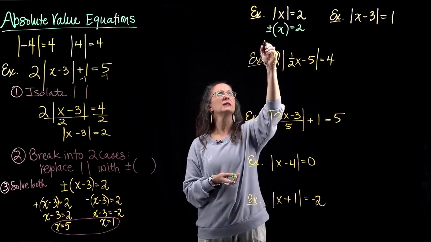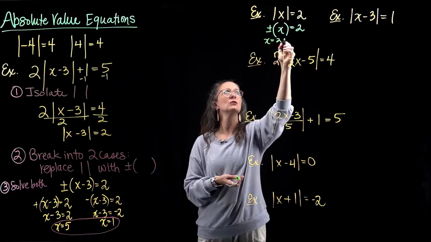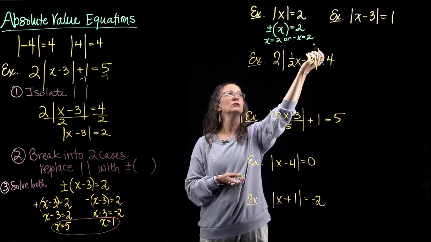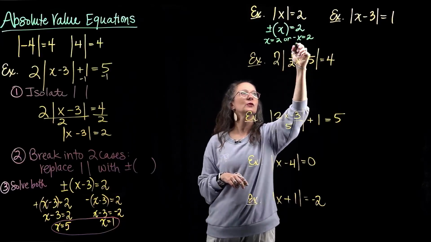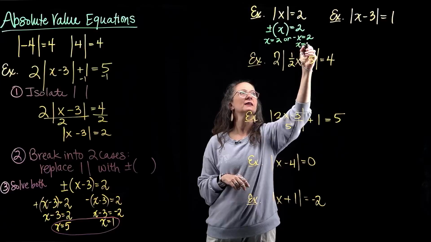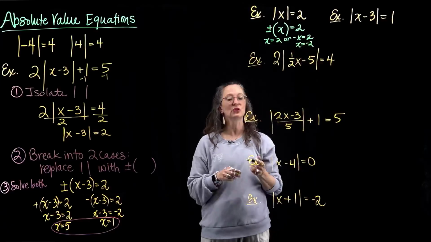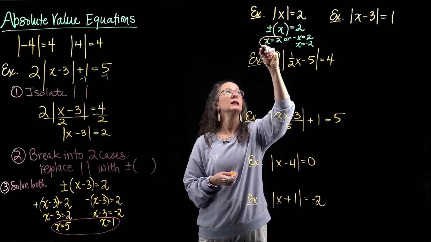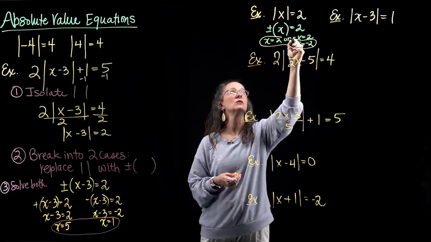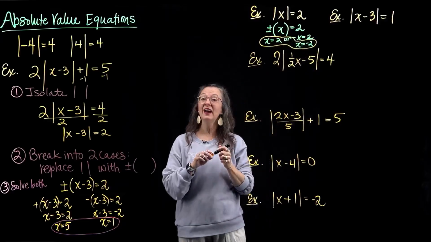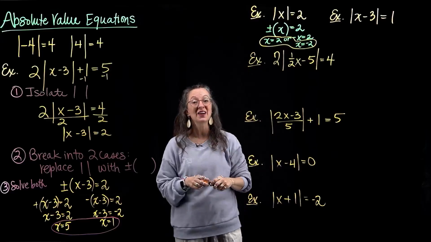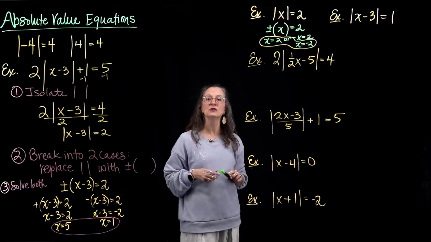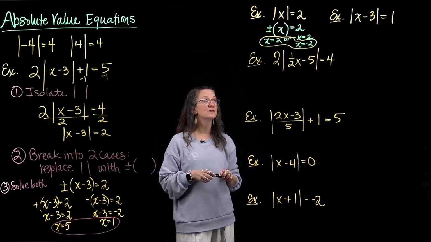That's two cases. x is equal to 2, or negative x is equal to 2. And negative x equals 2, we really rewrite that as x equals negative 2. So my answers would be x equals 2 or x equals negative 2. We probably could tell that by looking at it at the very beginning, but it's good to use our steps to work it out.